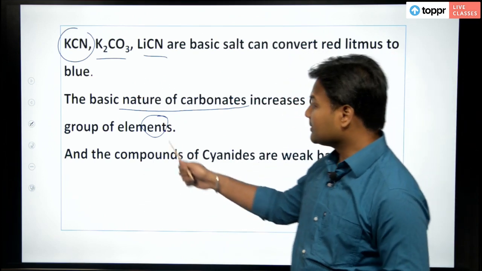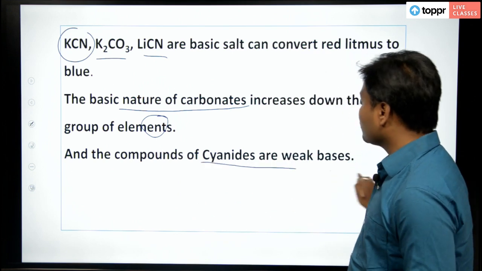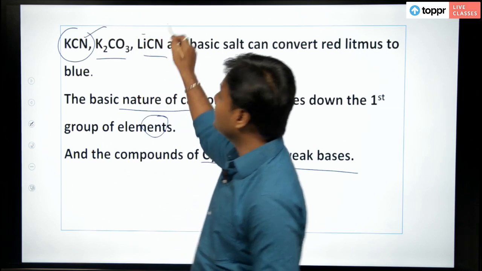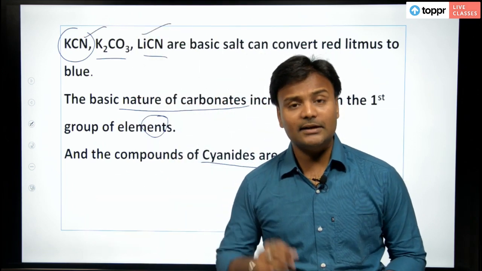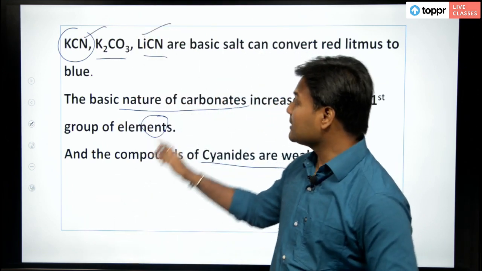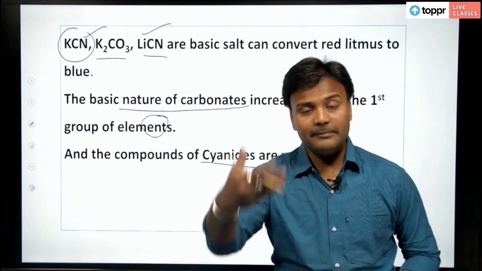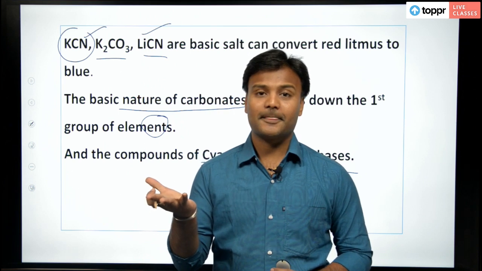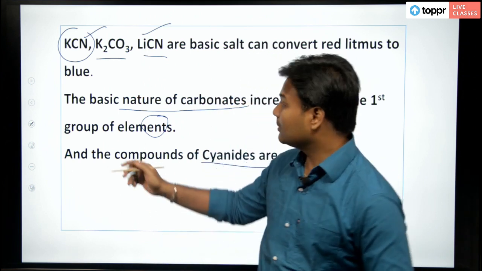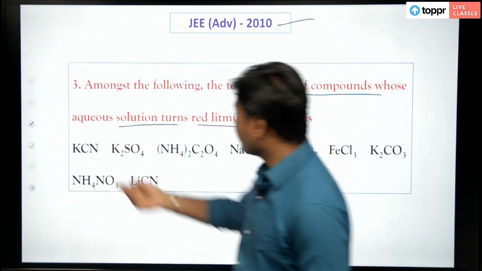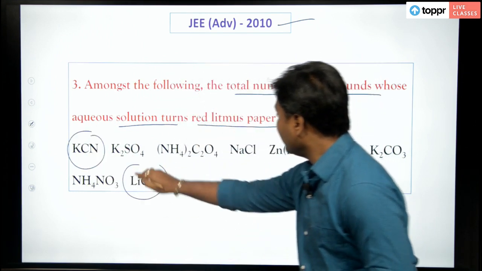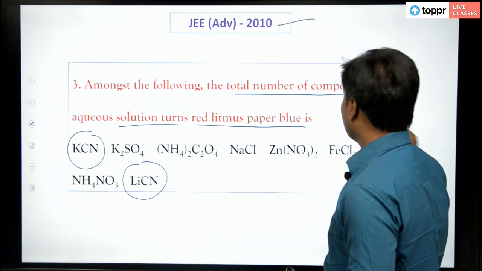In the same way, compounds of cyanides are weak bases. What are they? Potassium cyanide and lithium cyanide. For carbonates of the first group elements, if you move down the group, the basicity increases. So that means 2 different classes of compounds: potassium cyanide or lithium cyanide, and potassium carbonate.